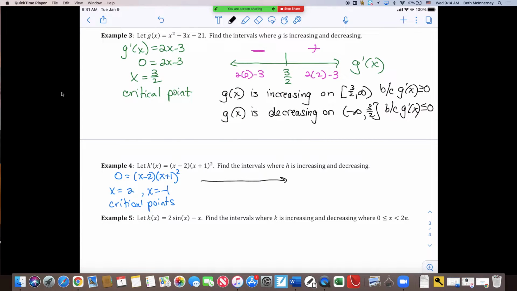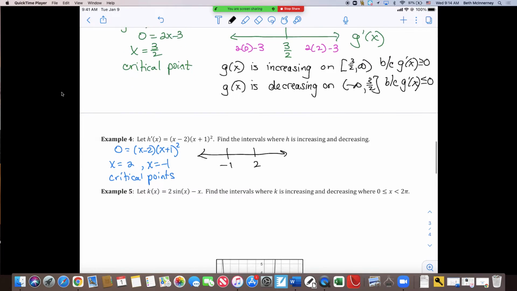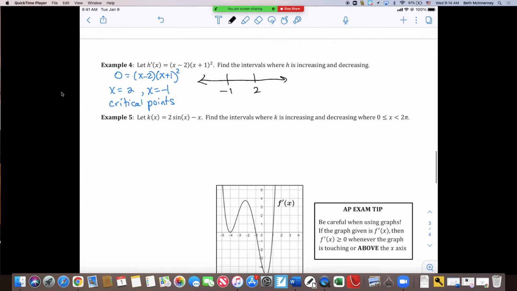Then we're going to make a number line, and we're going to put those on there. I'm going to pause a moment, try to give you a head start on determining the signs. And then if you're a fast worker, try and write where h is increasing and decreasing.